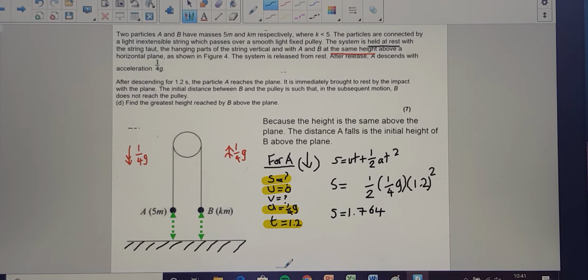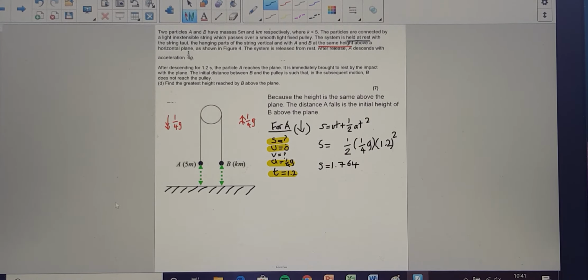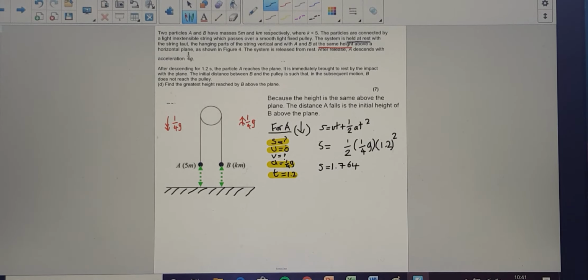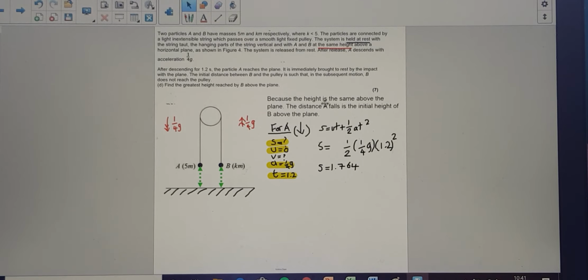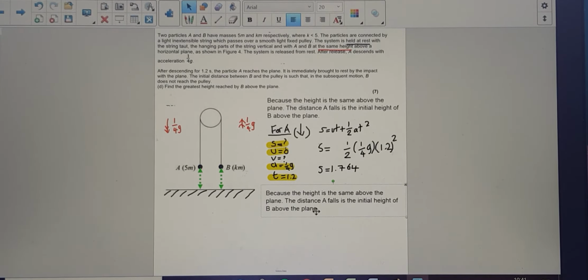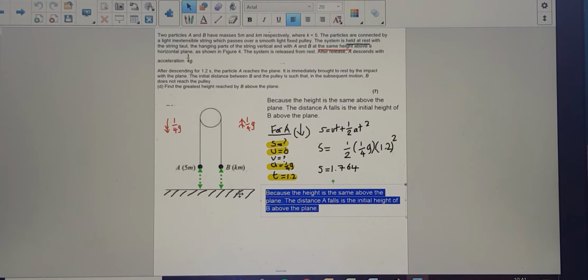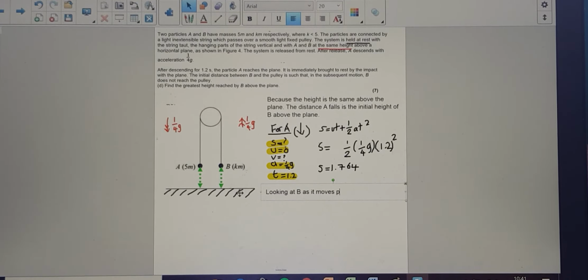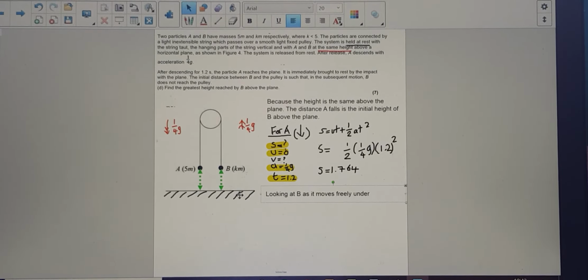So I'm now going to look at B as it moves freely under gravity.